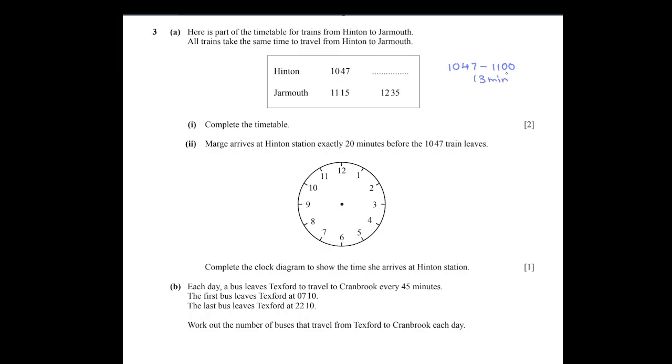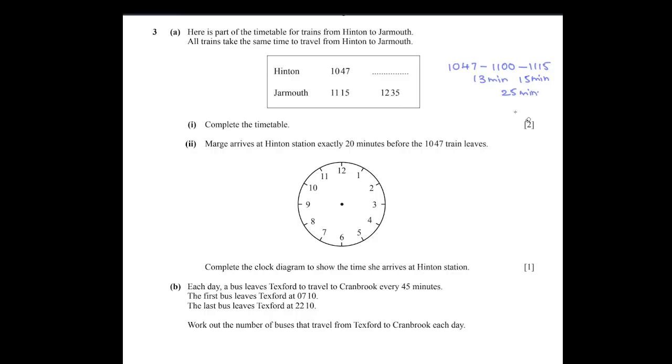Then 11 to 11:15 is 15 minutes. So 13 plus 15 is how many minutes? 28 minutes. You have to go backward 28 minutes from 12:35.